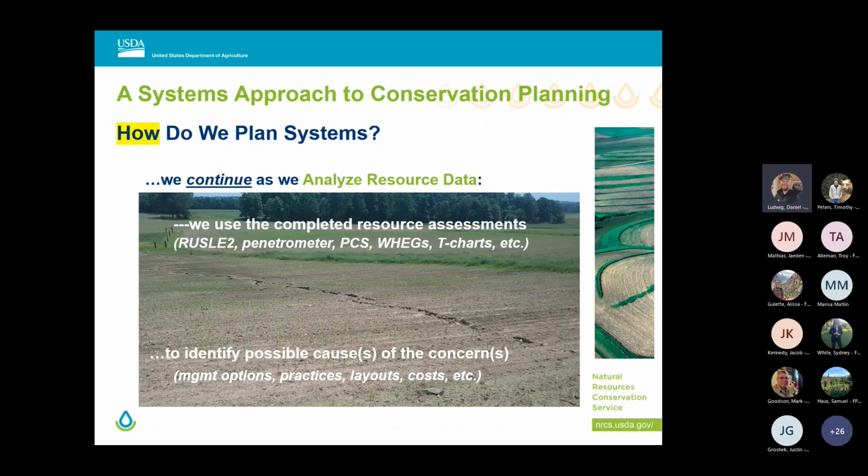And again, we're doing this so we can identify the possible cause or causes of this concern or multiple concerns. So again, what are the possible causes of this? Is it just happening just because, or are there management things going on with this? Are there issues with the practices or how the practices are laid out? Cost, obviously, as we mentioned, there is a cost associated with implementing conservation practices.